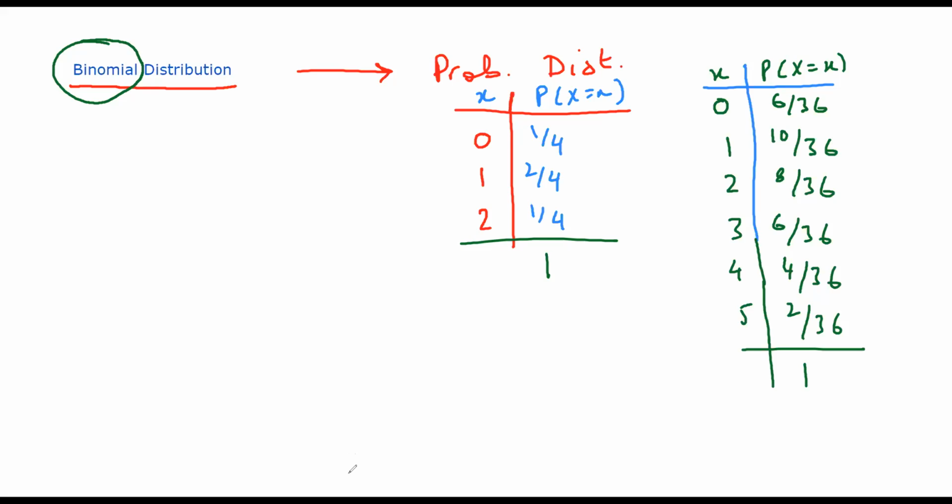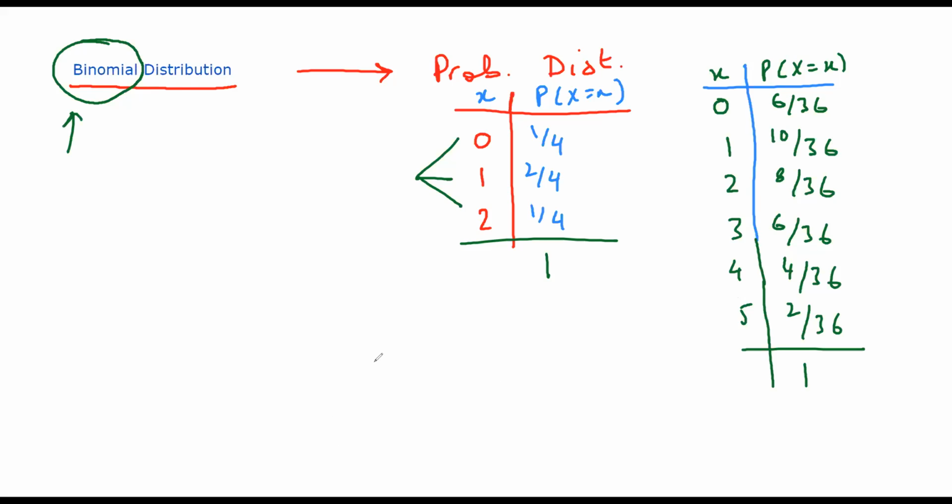Two terms. And in case of probability, you see this is a probability distribution which has these 3 different outcomes. This is a probability distribution where you have 6 different outcomes. So what kind of binomial distribution is going to be if you look at this and you look at the name of this, which says binomial distribution?